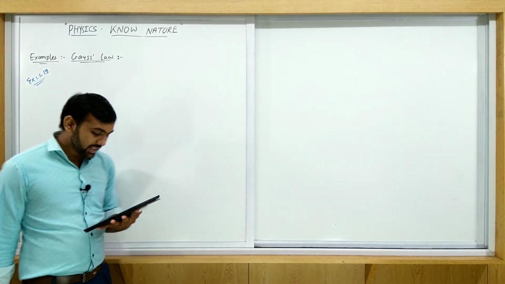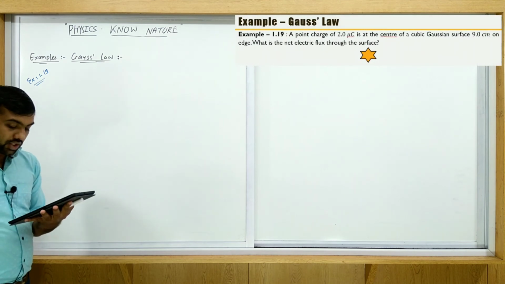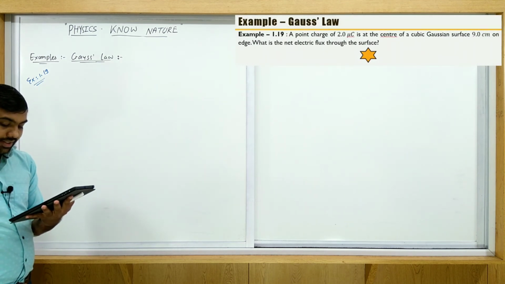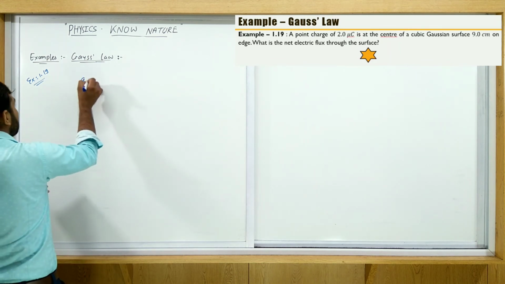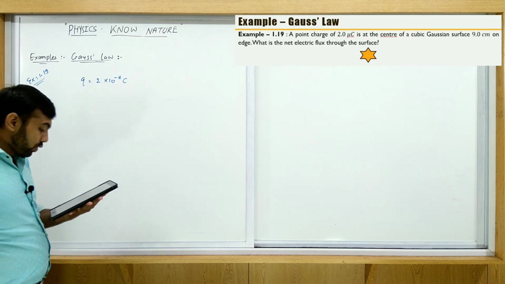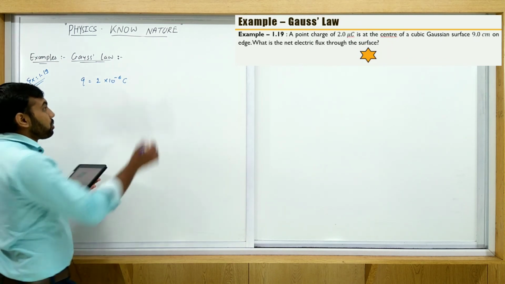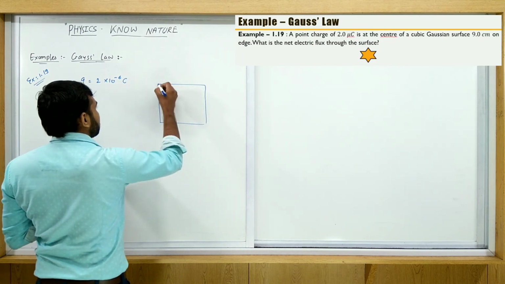Okay guys, let's see example number 1.19 from the textbook. A point charge of 2 microcoulomb is placed at the center of a cubic Gaussian surface. So here q is given as 2 into 10 raised to minus 6 coulomb. It is placed in the cubic Gaussian surface, so draw the cubic Gaussian surface.